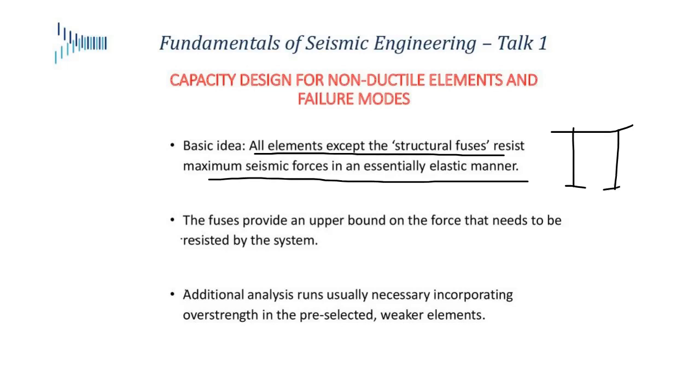So let's say I have a bridge bent. My fuses are usually at the top and bottom of the columns. And what happens is, as I draw the force displacement graph, I go up, my first hinge forms, my structure flattens, the second hinge forms, the third hinge forms, and the fourth hinge forms, and then I have a mechanism.